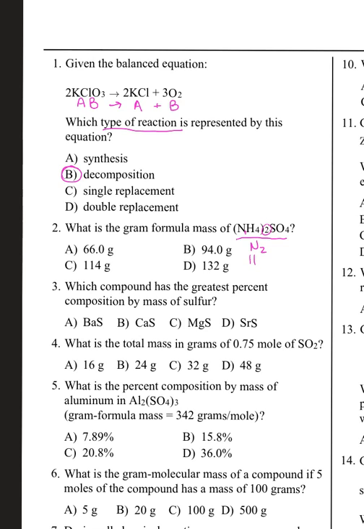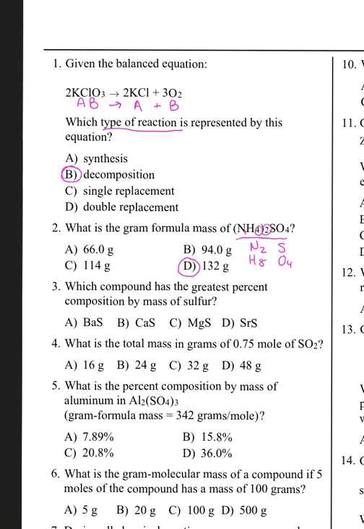We have 8 hydrogen, because 4 times 2 is 8. We have sulfur, and we have 4 oxygen. If you find the masses for all of these and add them up, you'll find that this compound has a molar mass, or a gram formula mass, of 132 grams.